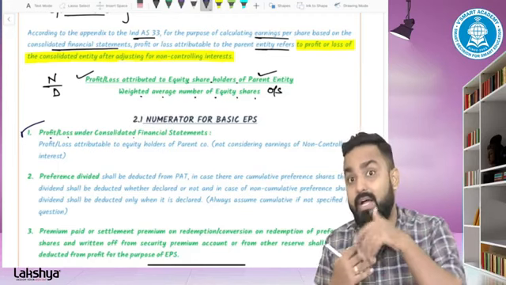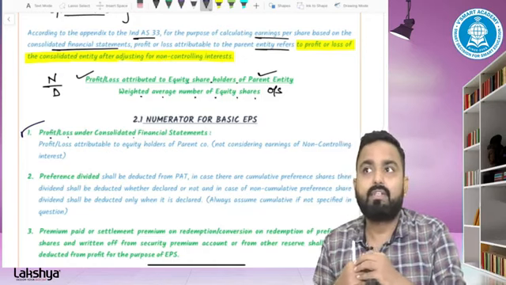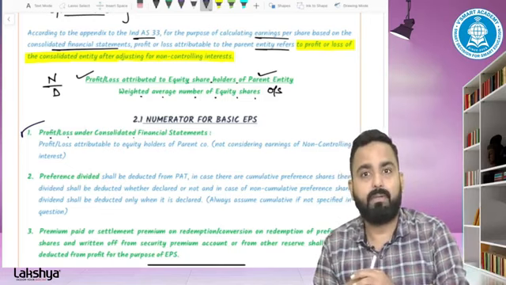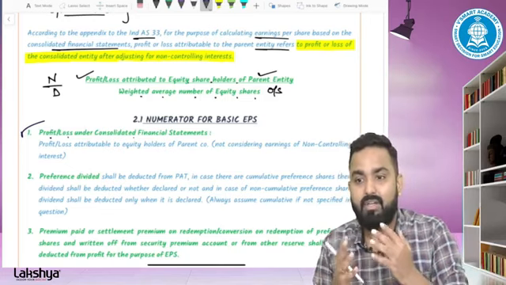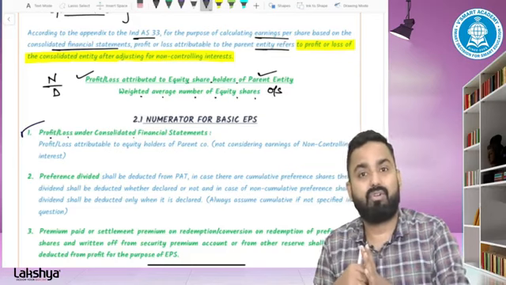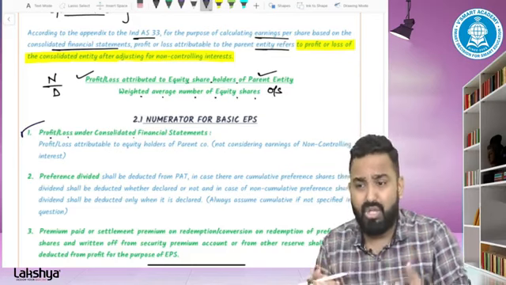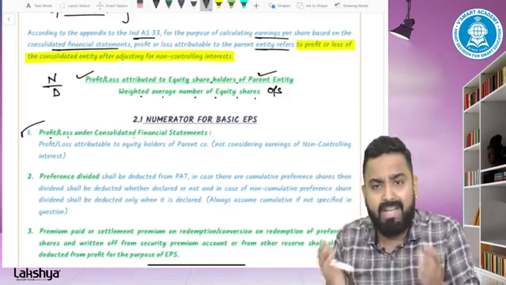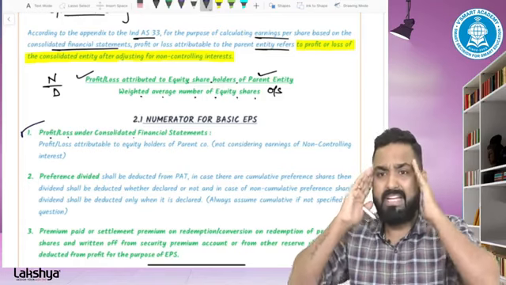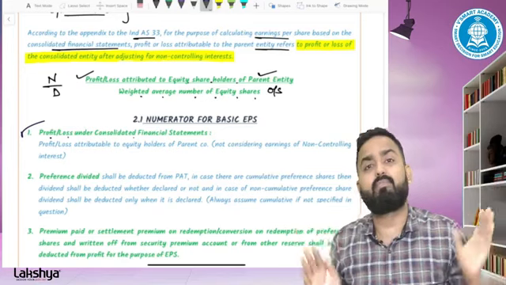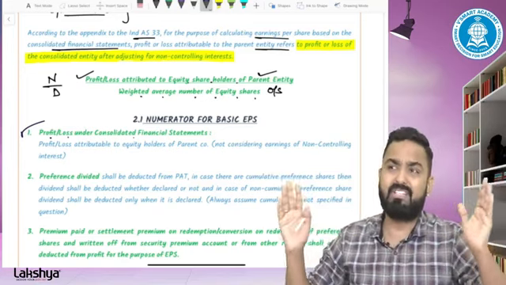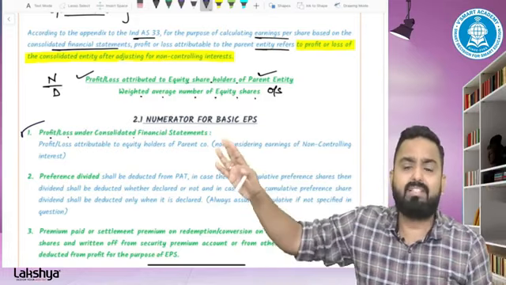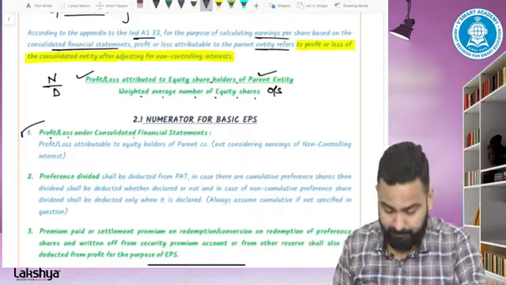Under IFRS, CFS is mandatory, and the standards are written from the consolidation point of view, because when you prepare consolidated statements, the entire group business is covered.